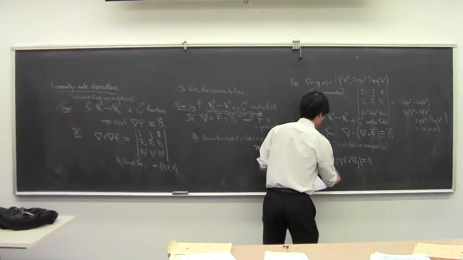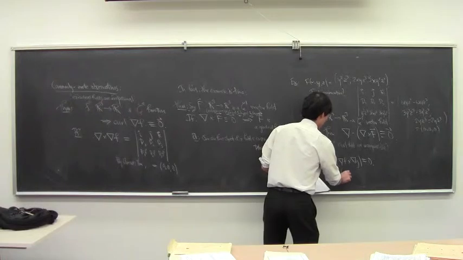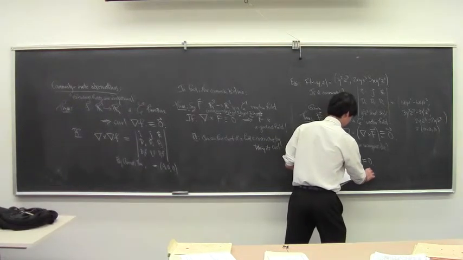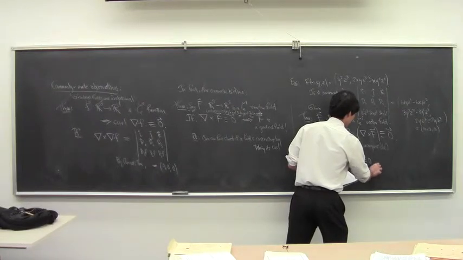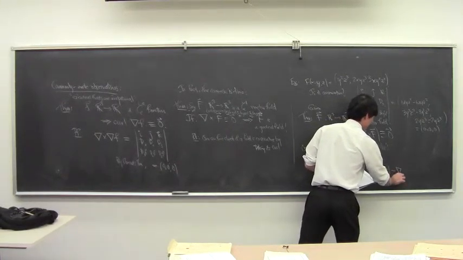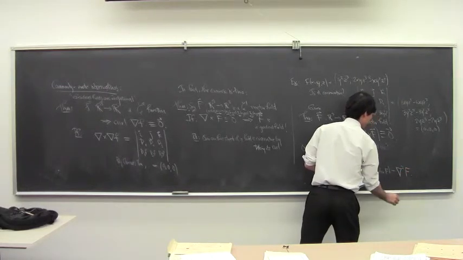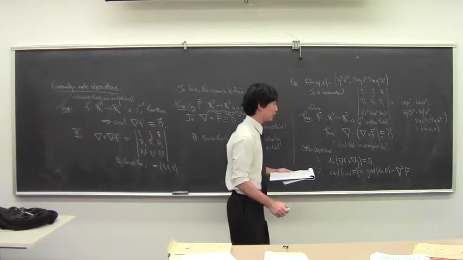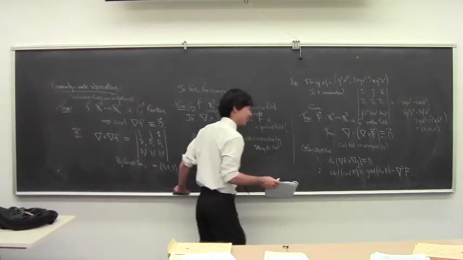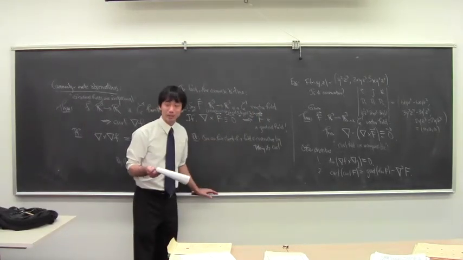If you take the curl of a curl field, that's the same as the gradient of the divergence minus del squared f. Anyway, don't worry about it. There's a bunch of identities that hold true.